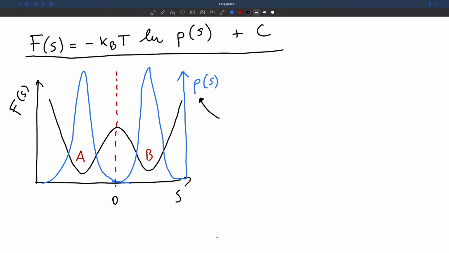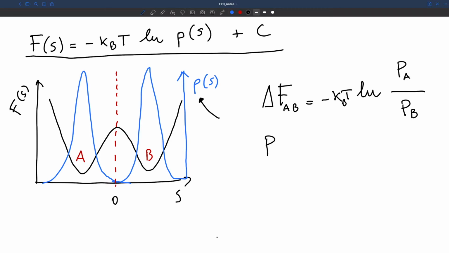So basically we can obtain a difference in free energy between state A and state B by computing the integral of the probability density for the states that belong to A and belong to B. So we compute delta F AB as minus kBT logarithm of the ratio of the probability of A divided by the probability of B, where the probability of either A or B is given by the integral over the domain, let's call it S_i, that belongs to state i, of the probability density P of s in ds.